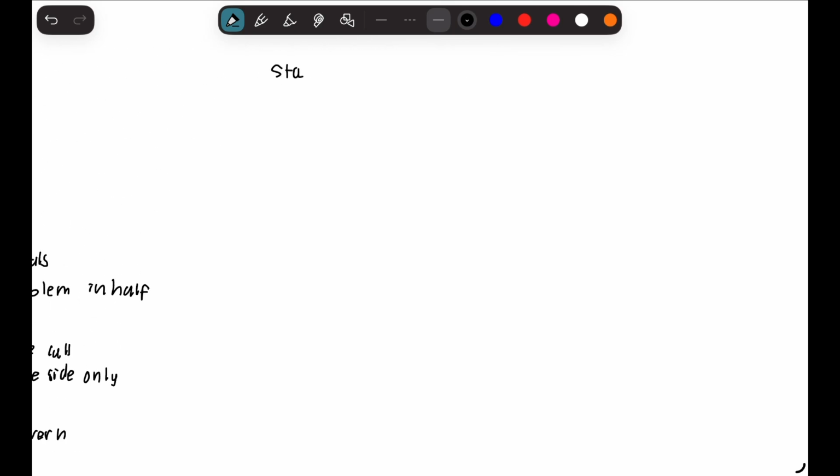You might also encounter some things that pertain to stack versus queue. When you have level order, this is going to be a queue, and a queue is FIFO.